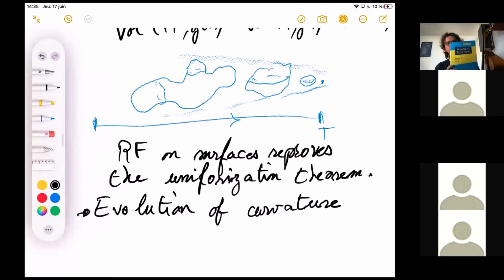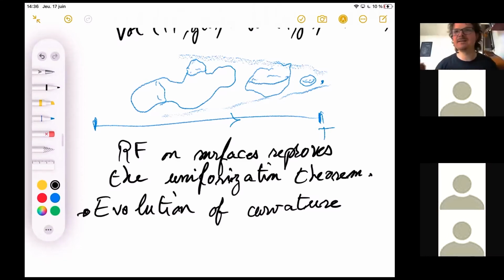There are also Chow, Lu, and Ni, and you can look at the computation there of evolution of geometric quantities. I guess the proof is not included here, but maybe in another chapter. Maybe they postponed it.